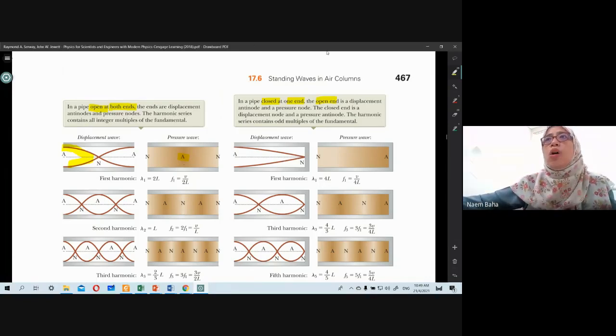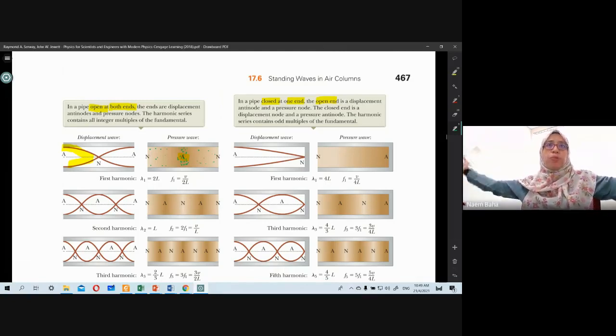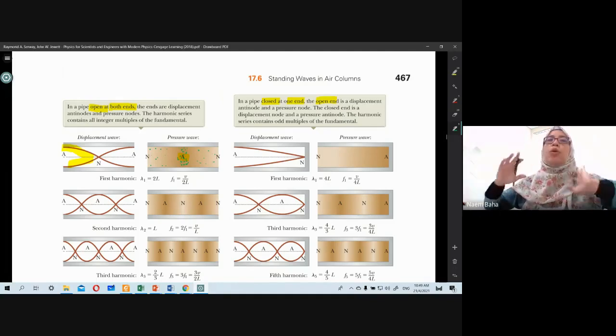If I can draw a dotted point to let you understand what really happened at this location. So this is how it looks like. And this is how it looks like at the location of opening, where air is free to move and there is room for movement.